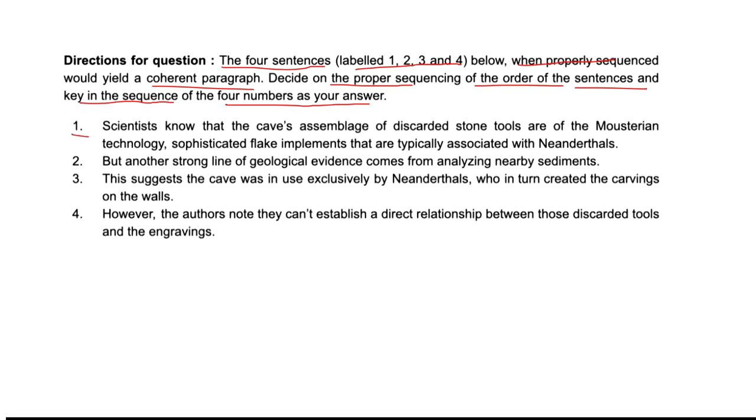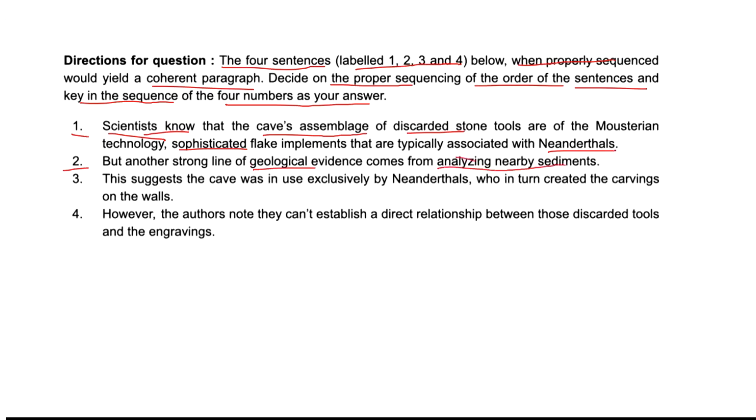What does the first sentence point out? It states that scientists know that the cave's assemblage of discarded stone tools are of the Mousterian technology, sophisticated flake implements that are typically associated with Neanderthals. The second option states, but another strong line of geological evidence comes from analyzing nearby sediments.